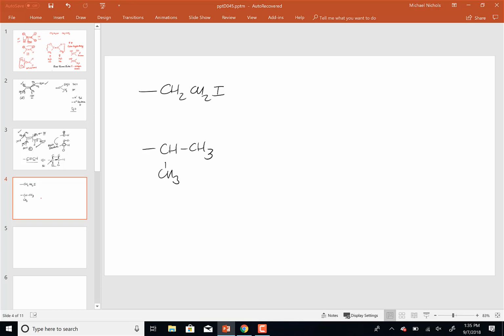Which one has the higher priority, the top one or the bottom one?